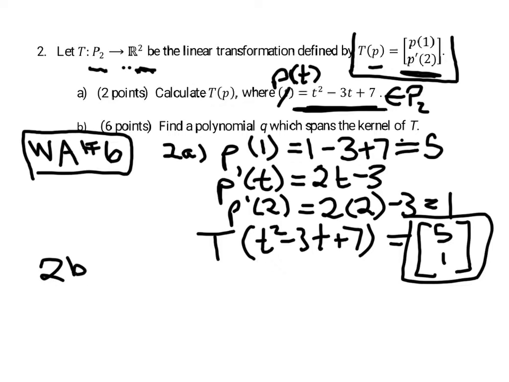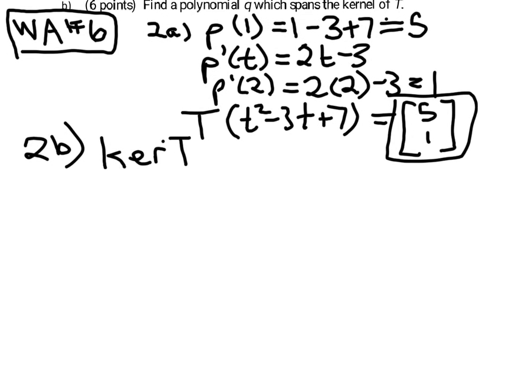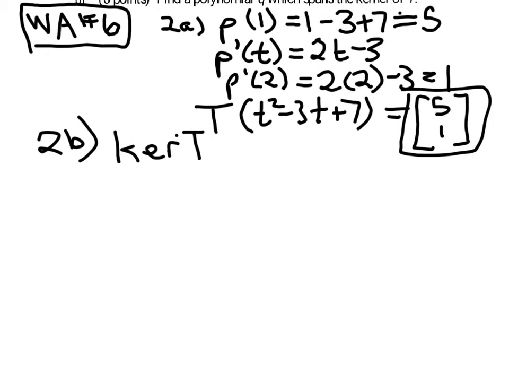Now, like I said, 2B caused a lot more problems from what I saw. So in 2B, we're trying to find the kernel of that transformation T. And just in general, the kernel of a transformation is the collection of vectors. In this case, and I know that's part of what makes this problem awkward, the vectors, in quotations here, are polynomials.